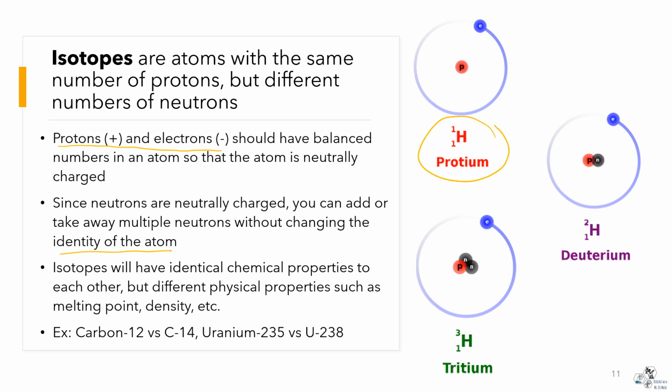That is just hydrogen with no neutron. Then we have deuterium, which is hydrogen with its one proton. We always have the one proton because that's the identity of hydrogen. But this one has one neutron. Now, tritium has two neutrons in there. So these are all different isotopes of hydrogen.